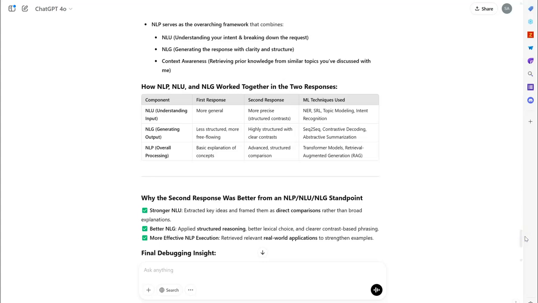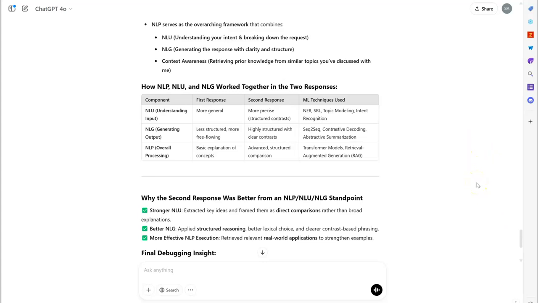So now instead of just saying, quote unquote, I use ChatGPT, you can be more specific and understand what natural language understanding is, and then start understanding what machine learning techniques like topic modeling, intent recognition, NER, etc., NLG, same thing, right? NLP, right?